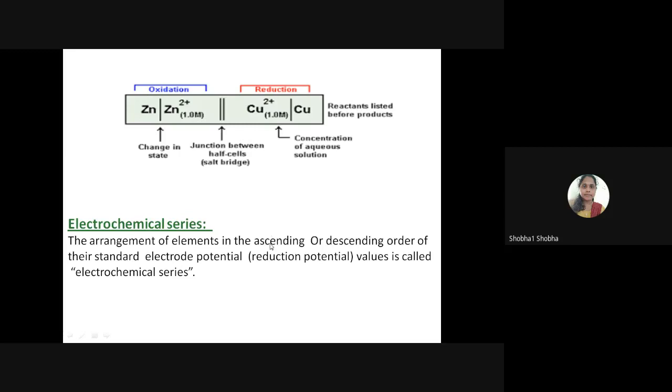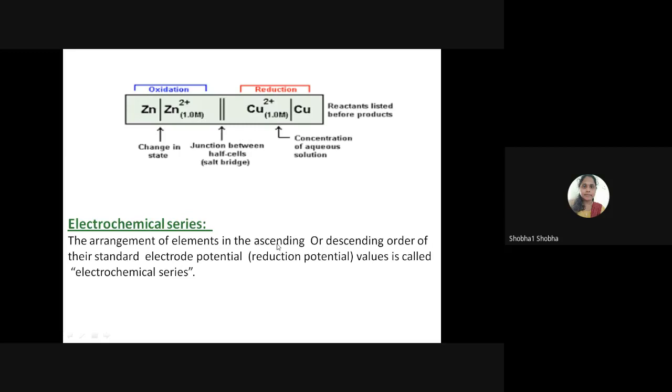In your CBSE textbook, lithium is written at the top. Actually, that is the correct way. Lithium has to be written at the top and fluorine at the last. But in your state textbook, the Telugu Academy book, fluorine is written at the top and lithium at the bottom. Therefore, I have written ascending and descending.